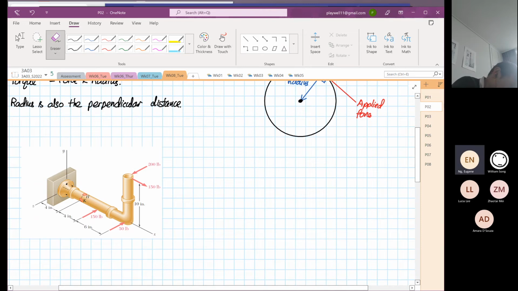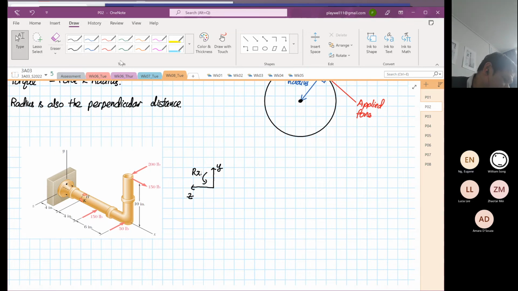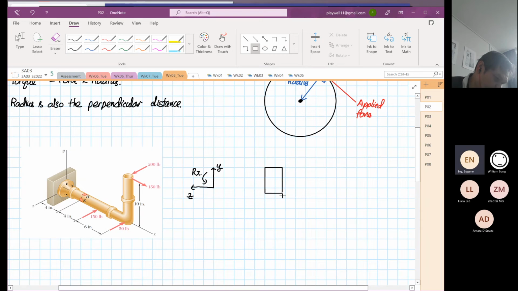And then this will be our rotation in the X. So I'm going to sketch this out.